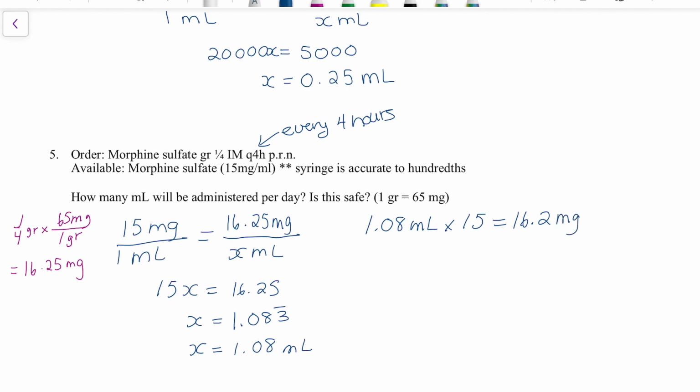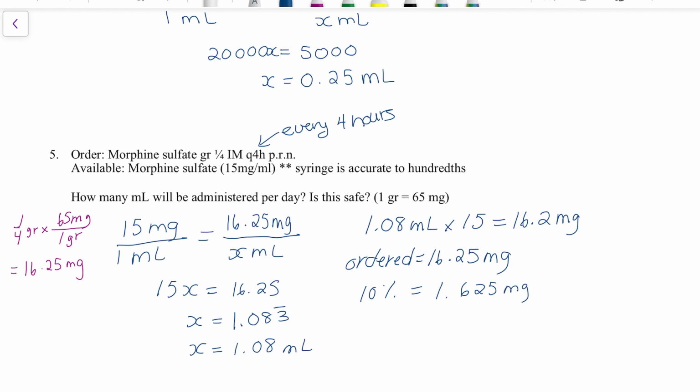Ordered was 16.25 milligrams. So 10% of that is going to be 1.625 milligrams.